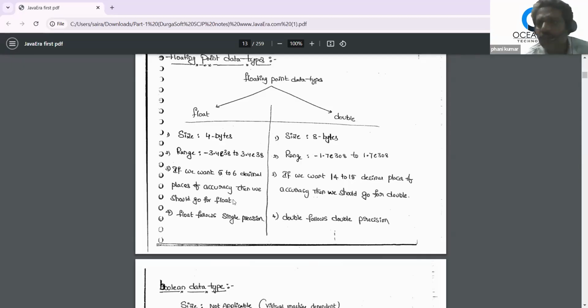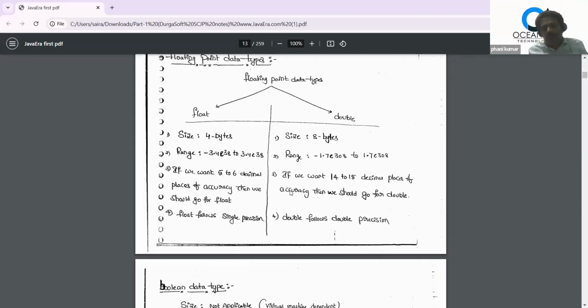When we are using the float data type, if I want 5 to 6 places after the decimal in the output, I go for the float data type. If I want 14 to 15 places after my decimal point, I go for the double type.